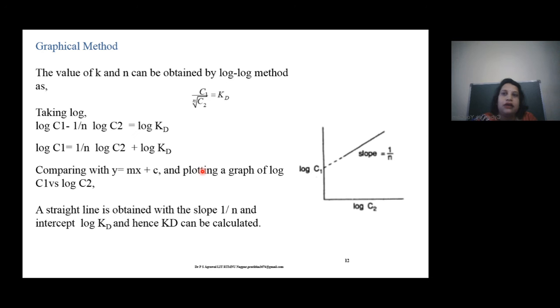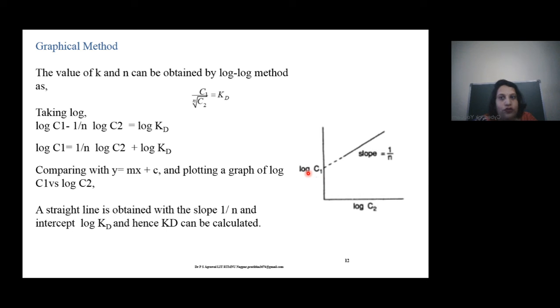Another is the graphical method. Taking the graph, here we have to plot like this. We will get a straight line, but for this we need different values of C1 and C2.